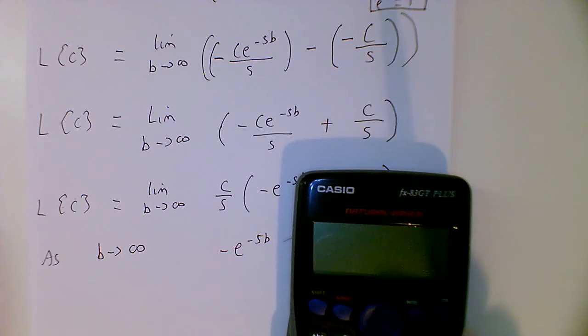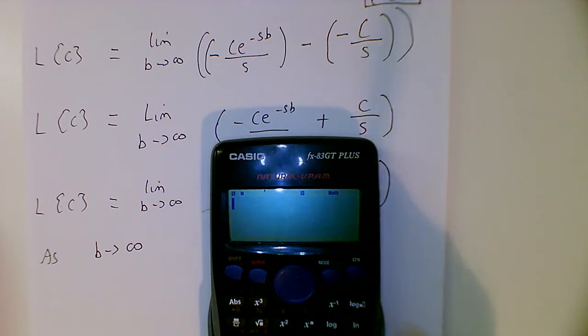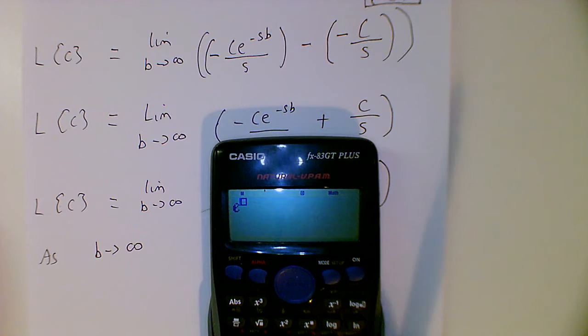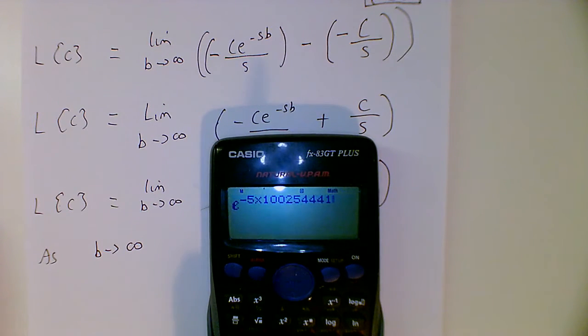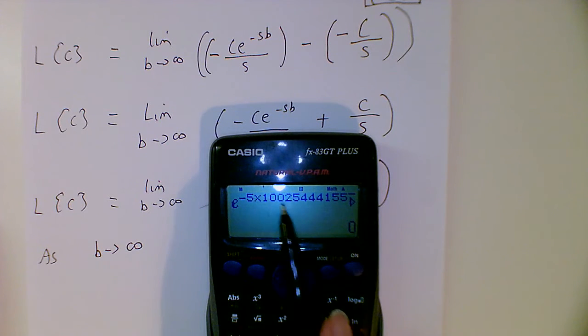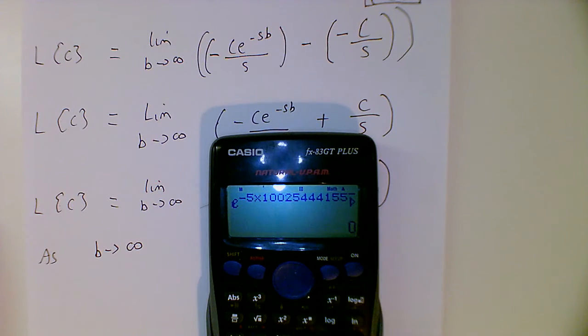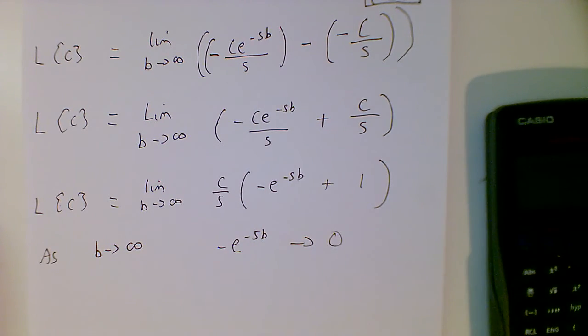So I just get my calculator. Shift E, -5 times, typed it all in, so you just put in a really big number and it tells me that as b becomes a really big number, and I just made up something at random, just type it into your calculator, that tells me that this thing becomes 0.